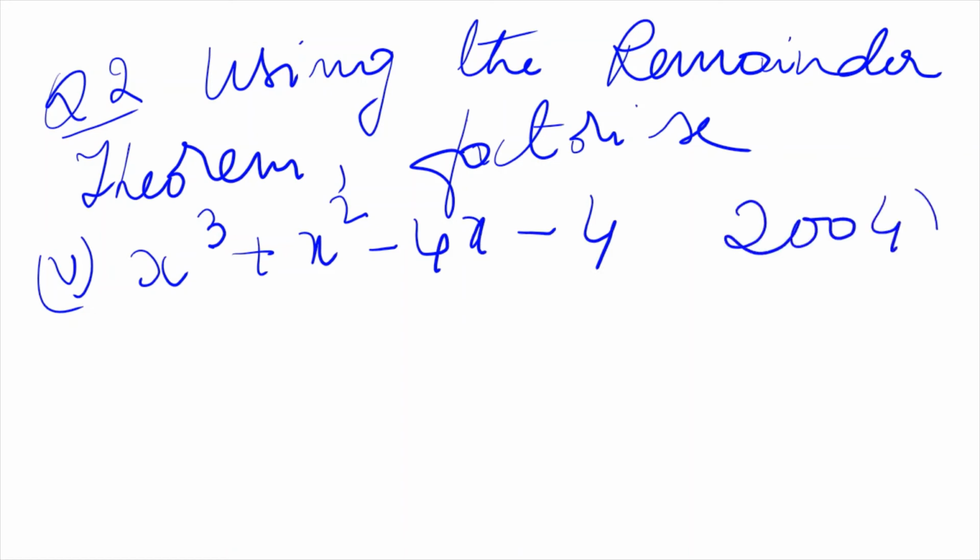This is your fifth sub question, and it came in the year 2004. So you have to, using the remainder theorem, factorize each of the following. Now we are not given anything which is a factor, so we have to do it by trial and error.